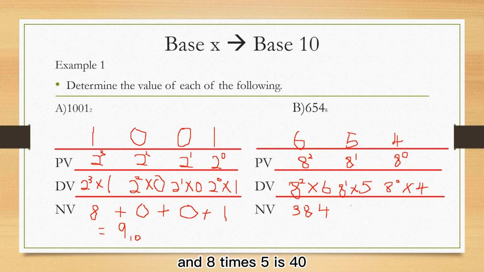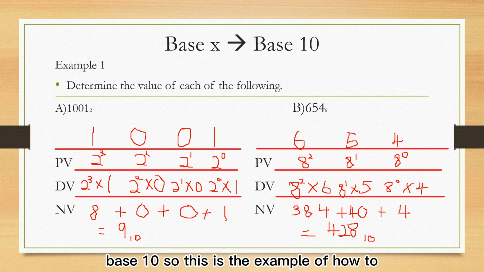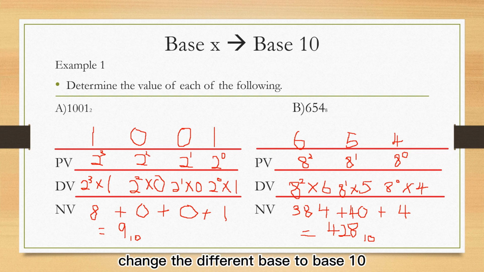And 8 times 5 is 40. 8 power of 0 is 1, and 1 times 4 is 4. Adding all together, we get 428 in base 10. So this is an example of how to change a different base to base 10.